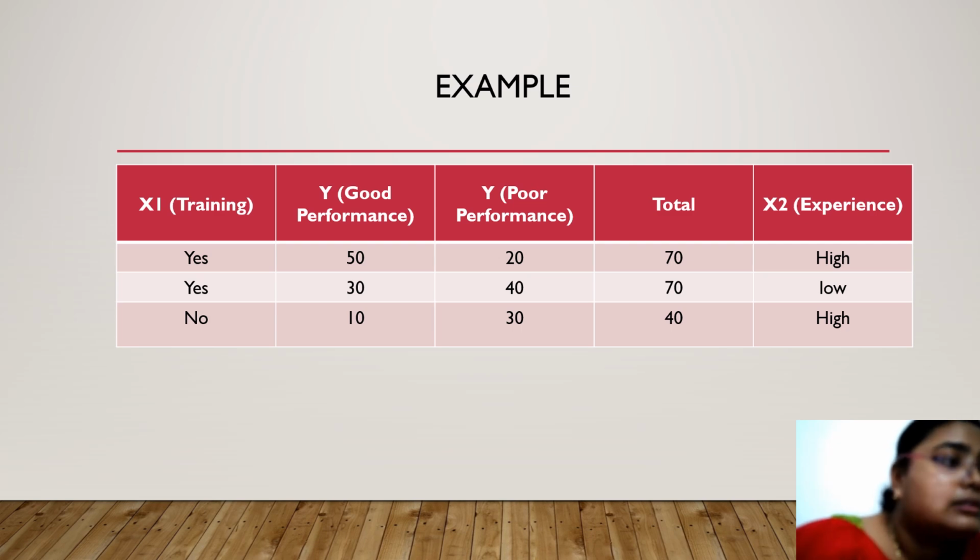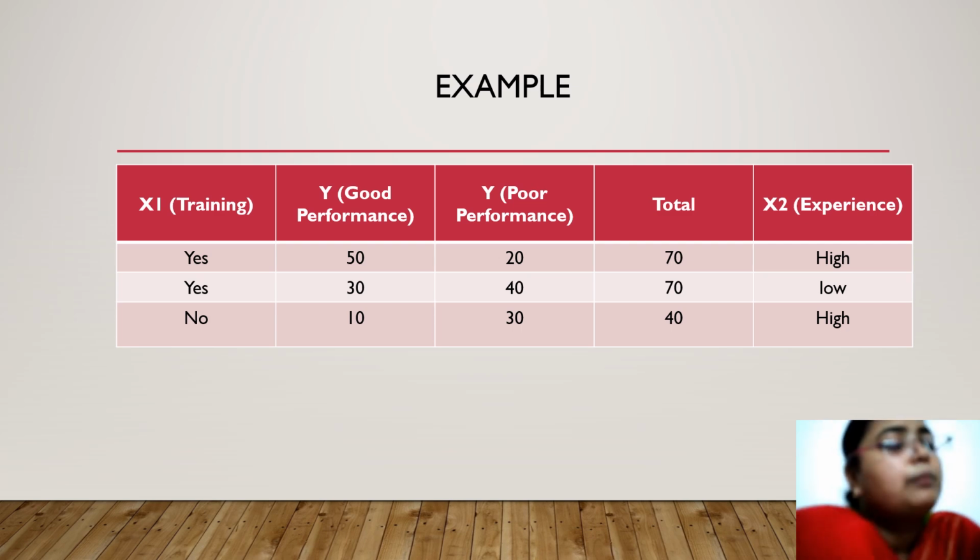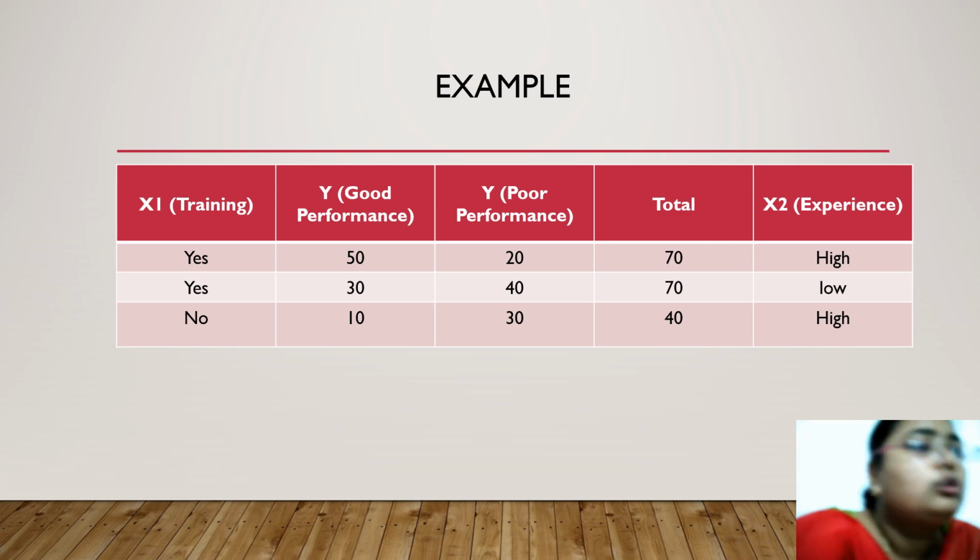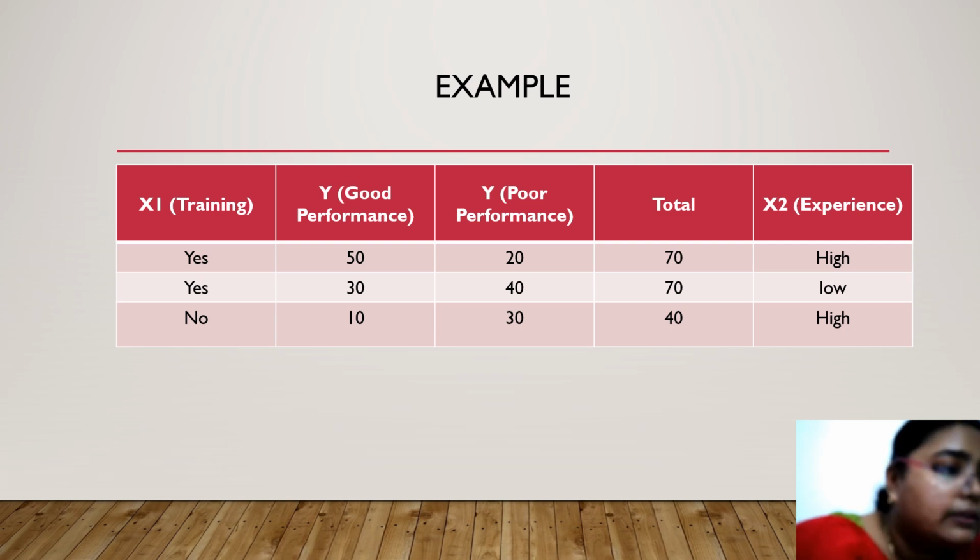In the first row, 50 students are performing good and 20 students are performing bad, so the total number of students is 70. Similarly, in the second row, 30 students have performed good and 40 students have performed bad. Over here also the total number is 70.